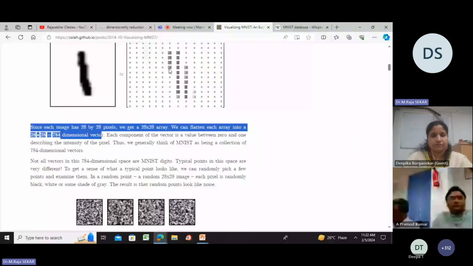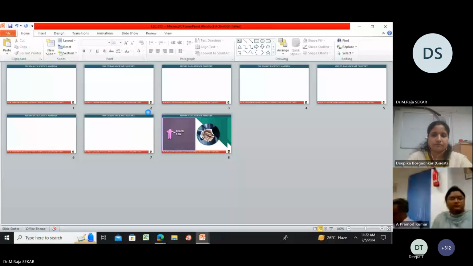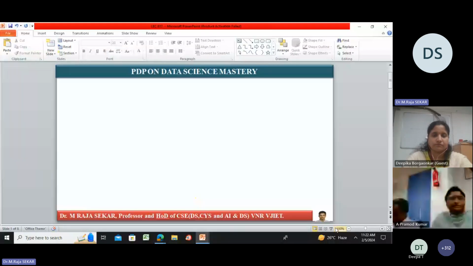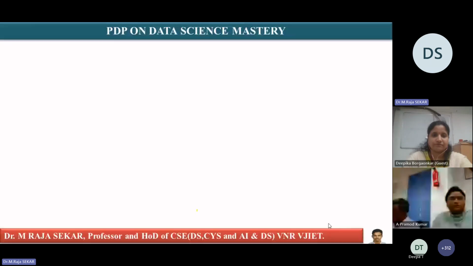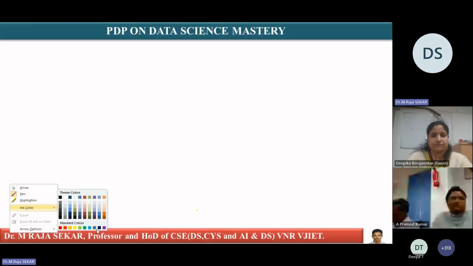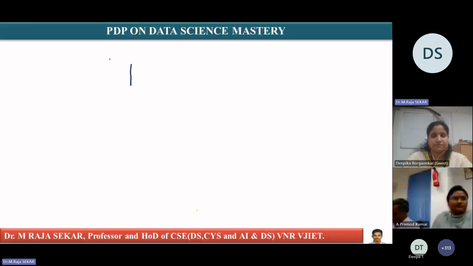Actually here, let me write so that you may get a little bit of clarity. Here I have an image. Let me say there is a digit 1, a handwritten digit 1. It is represented by using 28 by 28 pixels.